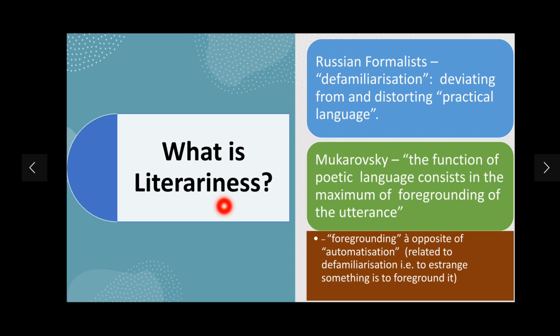It means that the writer or the poet presents common things to the audience in an unfamiliar or strange way so they could gain new perspective and see the world differently.